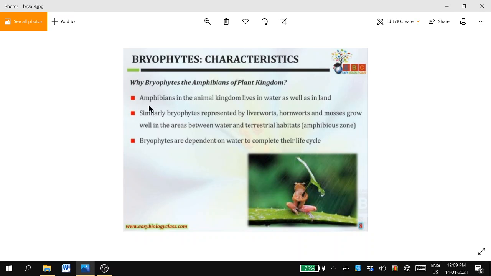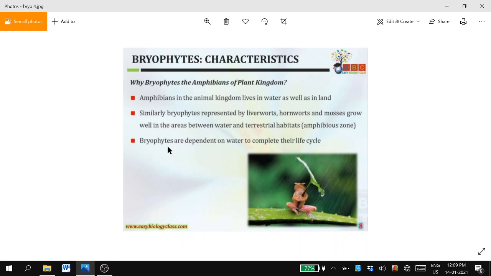Similarly, bryophytic plants are called the amphibians of the plant kingdom. These bryophytic plants can grow well in the areas between water and terrestrial habitats. It means they can survive in both water and terrestrial habitats, and the area between the water and terrestrial habitat is known as the amphibious zone.